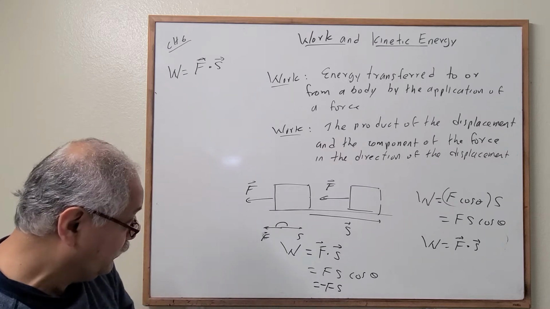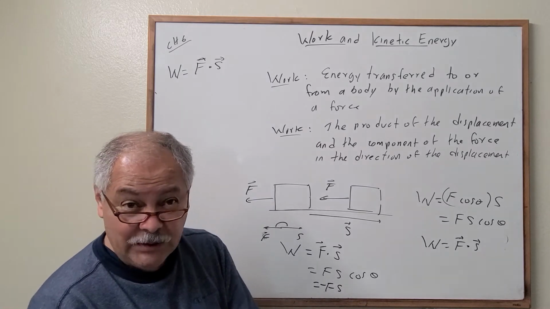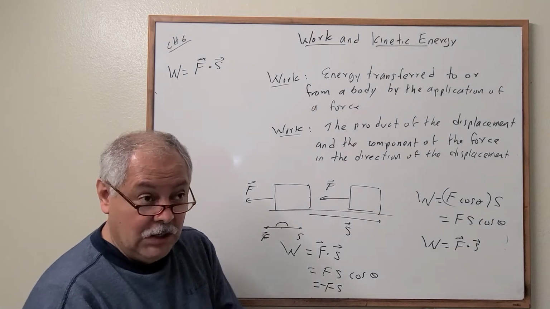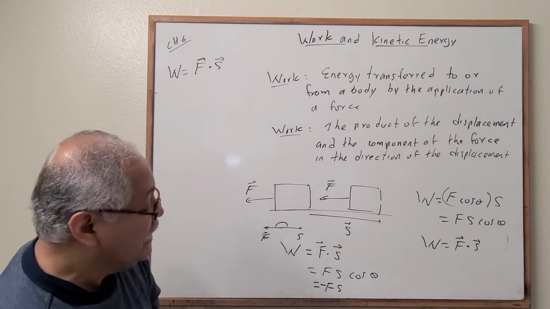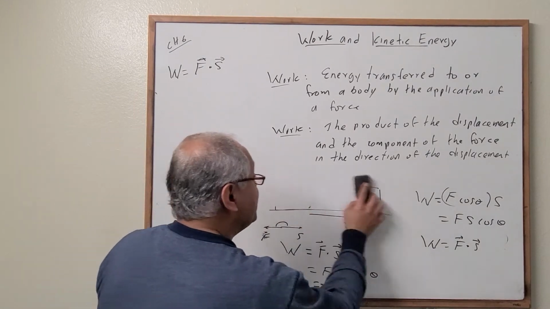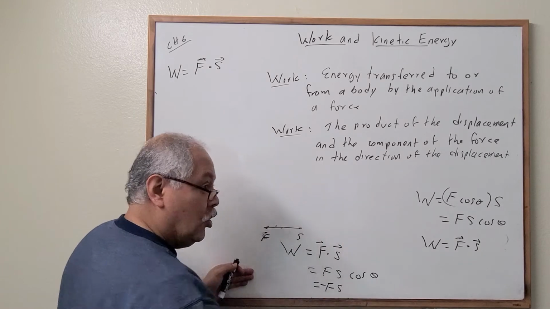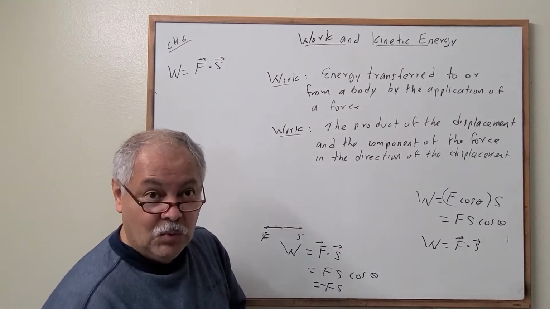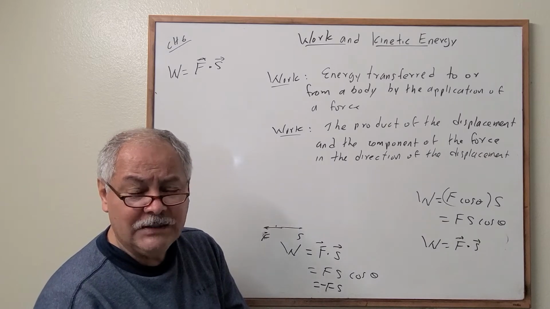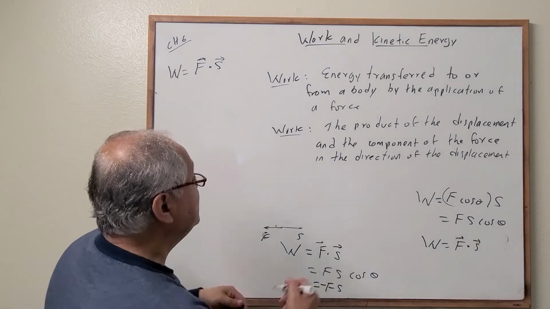Also, we have other cases where the work is negative. By convention, we use this: if we are doing work on the system, the work is positive. If the system is doing work, the work is negative. Imagine this is the system.